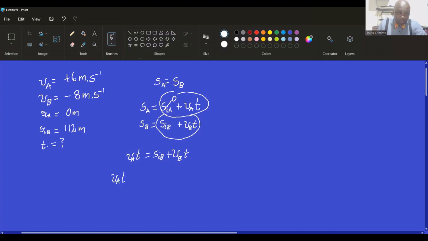But we could be fancy and remove a common factor there, that variable T. We can take it out, and when we leave T outside, we will have the velocity of A minus the velocity of B, all equal to the initial position of cyclist B. So what does that leave us with?